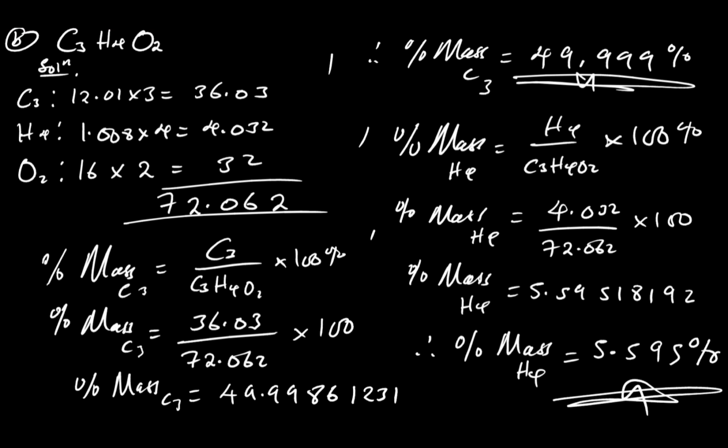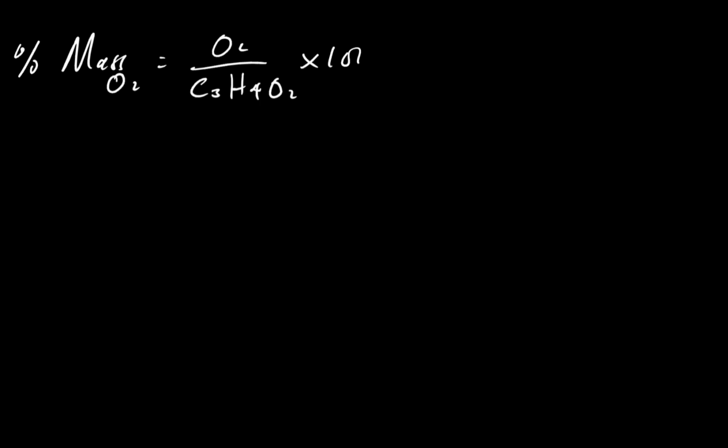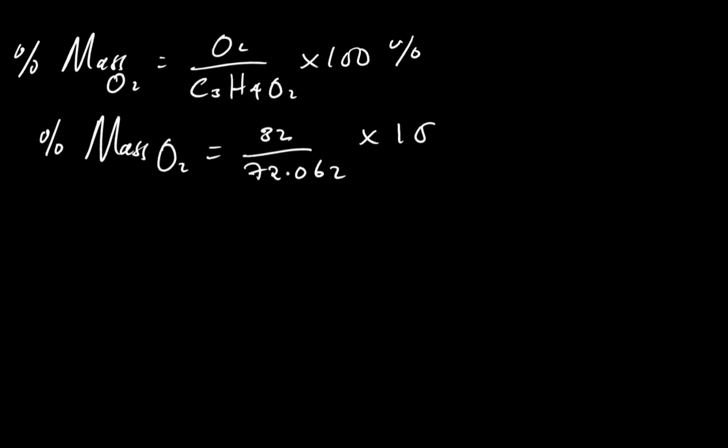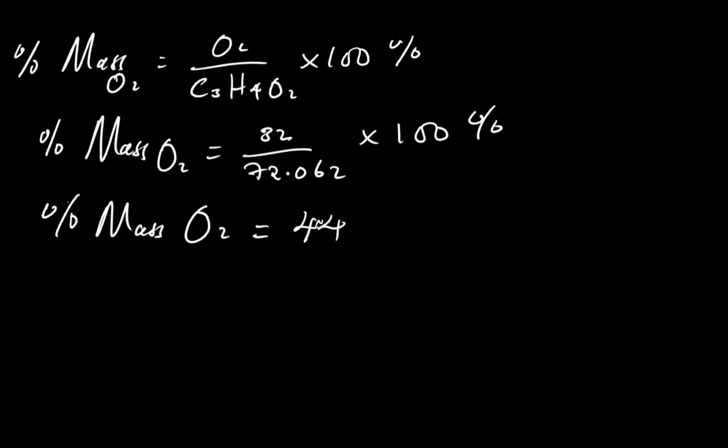Then let's look for the last percentage composition, of oxygen. You can always pause the video and try to attempt it on your own. Then let us look for the percentage composition by mass of oxygen, which will be O2 over C3H4O2 times 100%. So the percentage by mass of O2 will be equivalent to 32 over 72.062 times 100%, which gives 44.40620577.